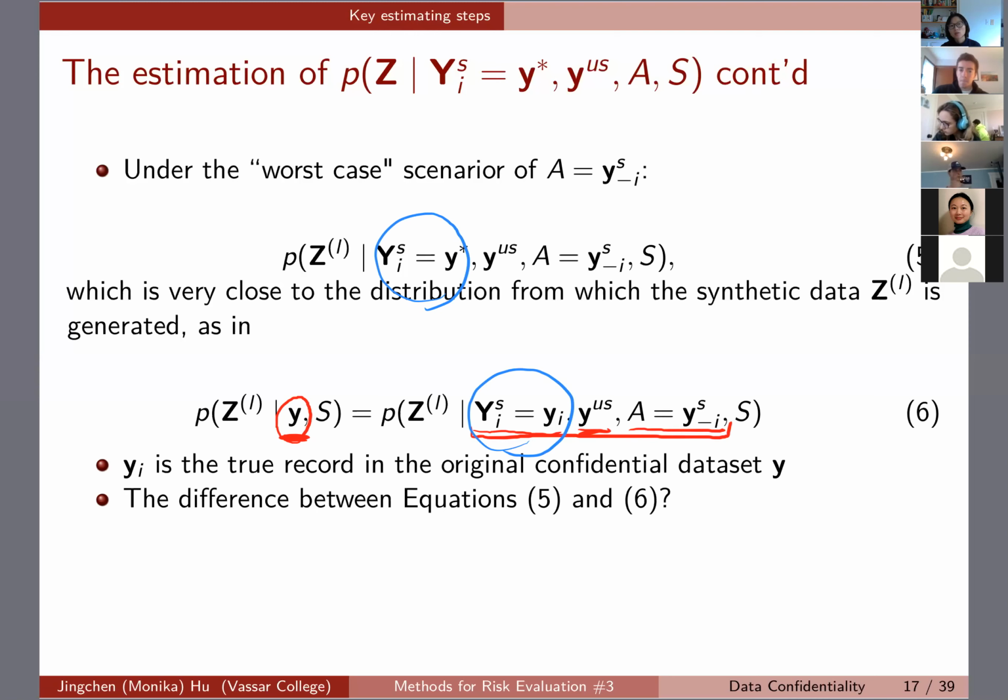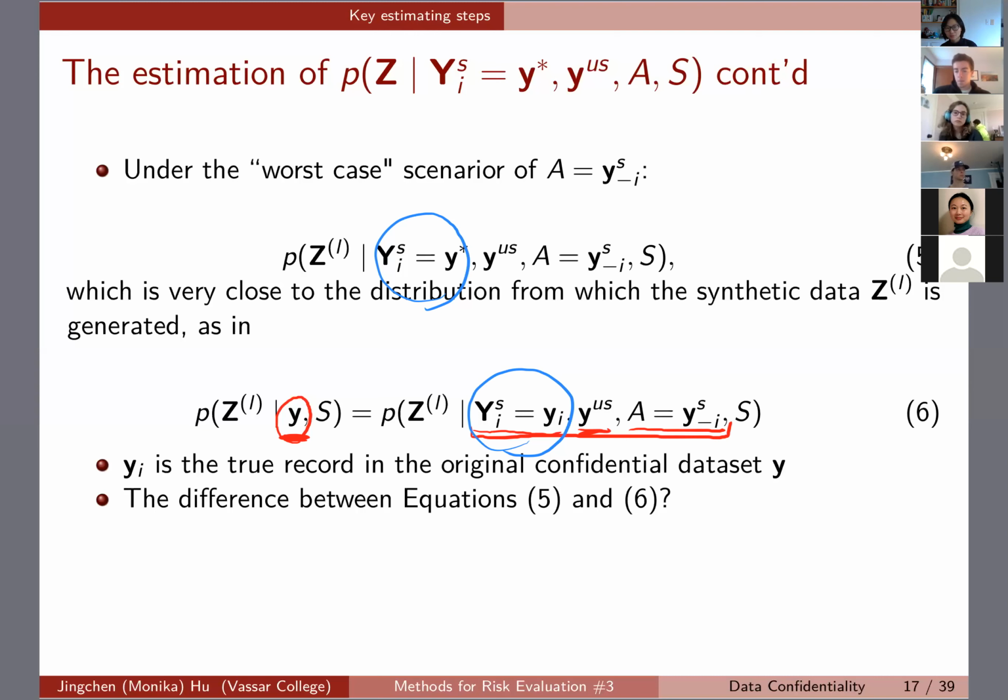That is, we're looking at Z_L given the guess and then the other introduced knowledge. Whereas equation 6 is actually what we could have from the model, because that's exactly how we generate our synthetic data Z in the first place. And the difference between the two is the two terms that we circle in blue here.